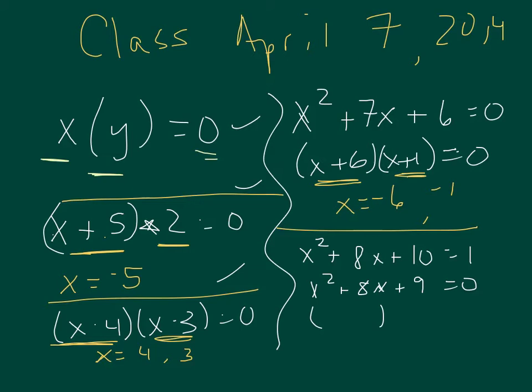I apologize. So let me make this an 8, and then when I subtract, I get a 7. So I get (x + 7)(x + 1), and either x would be negative 7 or it would be negative 1.